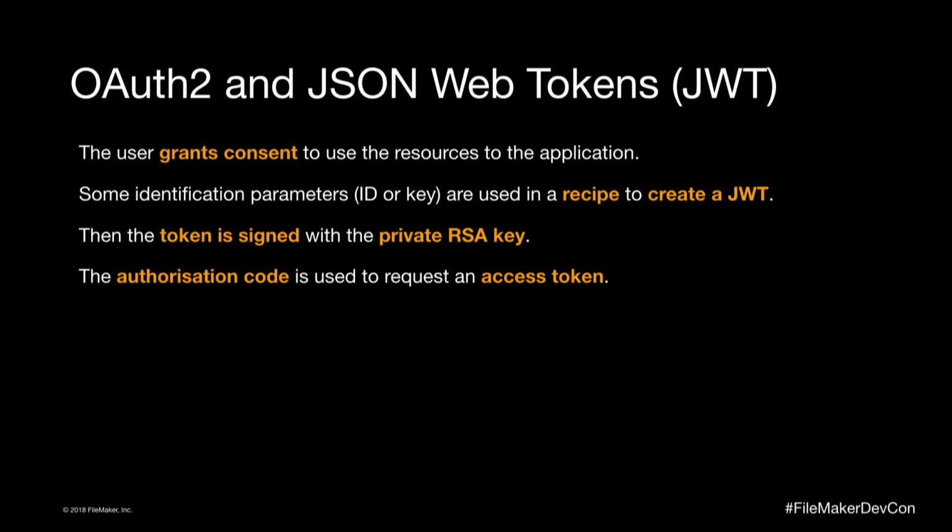With those, we mix them together using what they call a recipe, and we create a JWT. That token is signed with our private key. We send a token, and we get back a token that we can use for the signature. If you are confused now, imagine when I did that. It was a long process.